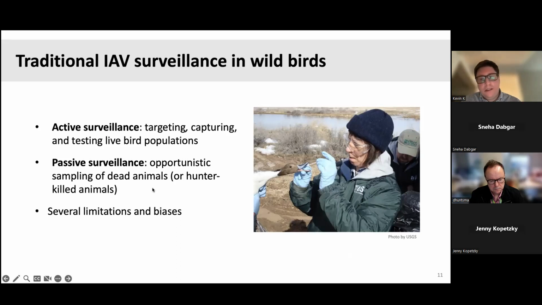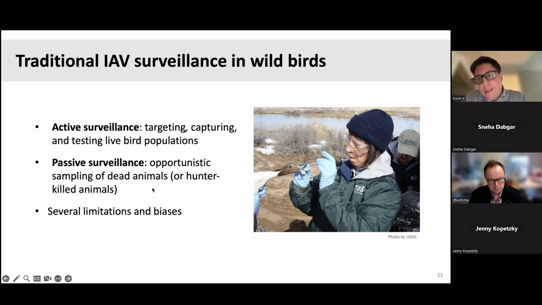So in the case of active surveillance, it's really labor intensive. The detection rates are very low, and there's a bias towards abundant species and species that are easily captured. Now, when you look at passive surveillance, well, you're only really sampling unhealthy animals or species that die from their flu infections, which means that you don't sample healthy asymptomatic carriers who are usually the reservoir species and the ones responsible for spreading the flu virus along the migration routes.